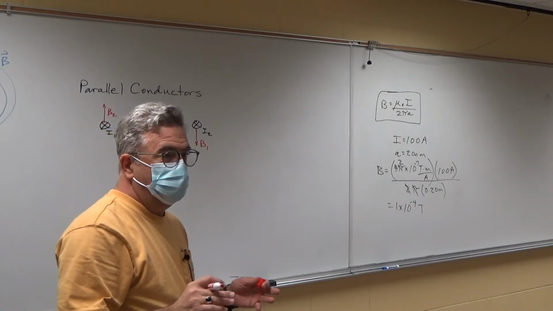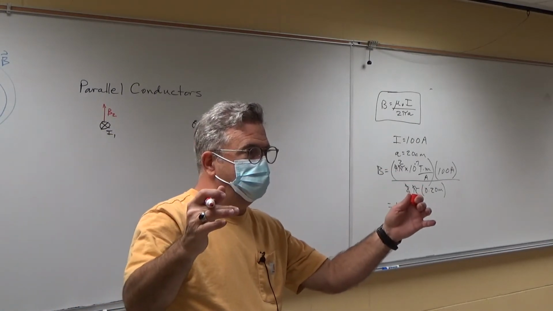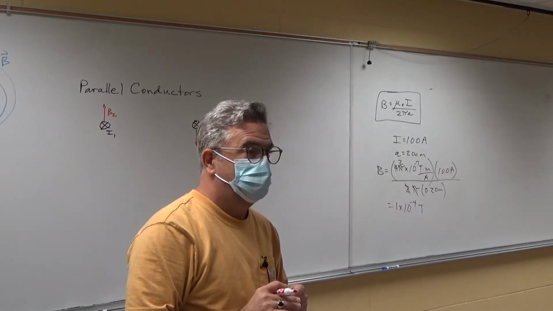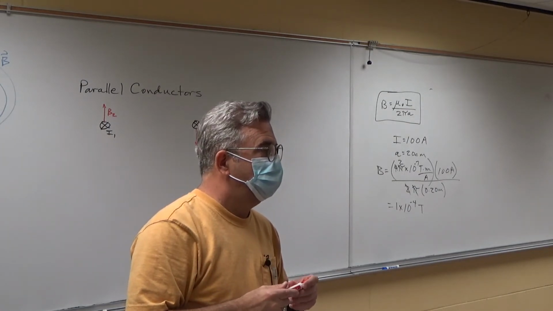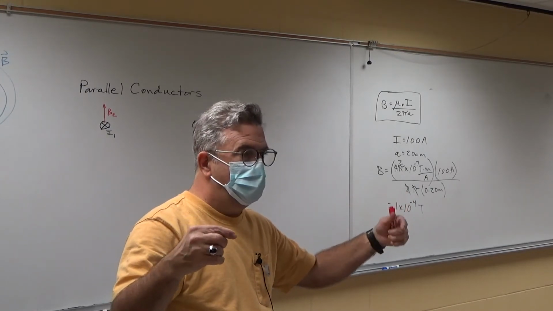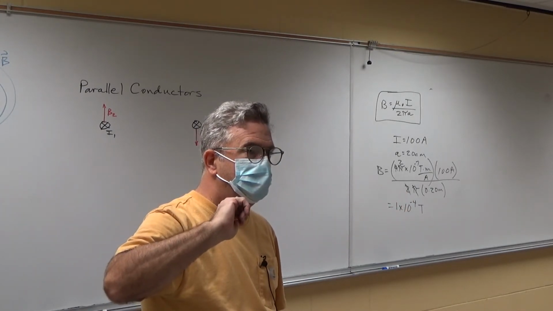But from what we did previously, we know that if you have a current carrying wire in a magnetic field, there's a force on that wire. I talked about the force on a current carrying wire and torque on a loop.